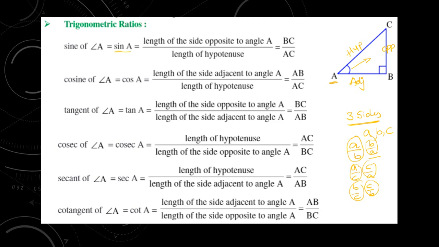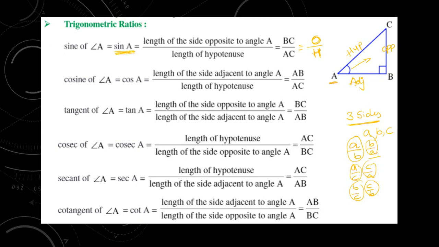While writing in short form, we write SIN, and beside that we give the particular angle, with respect to which we are discussing. So sine of A is given by the length of the side opposite to angle A by the length of the hypotenuse. In short we can remember it as O by H. The same way cos A. These all are definitions, and definition means we need to follow it.